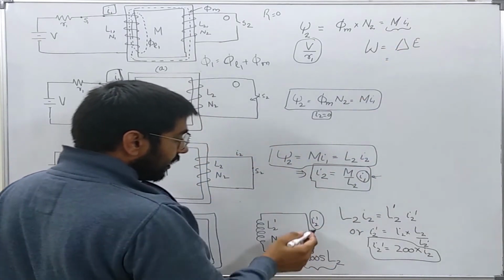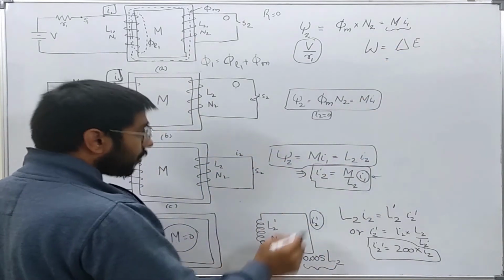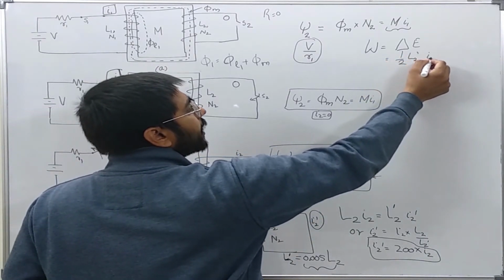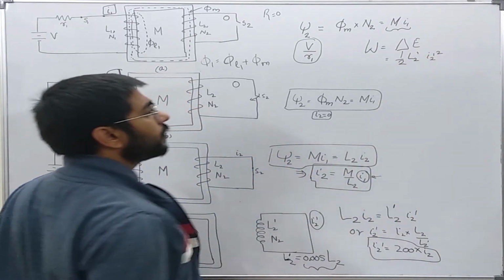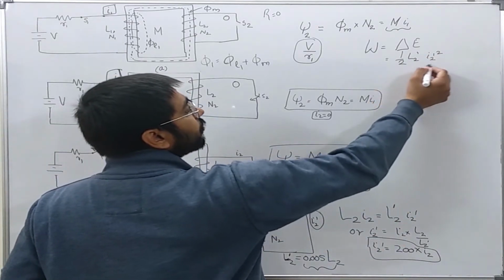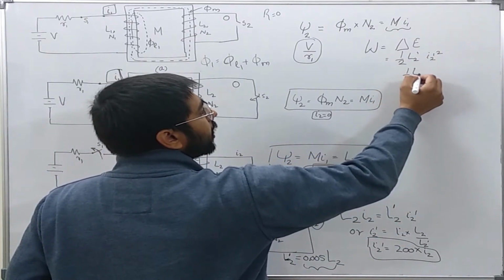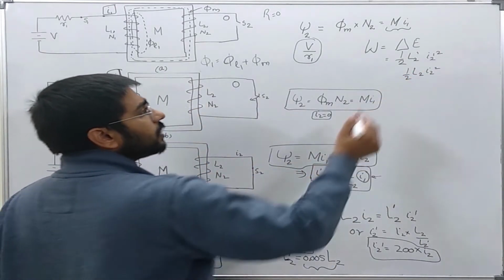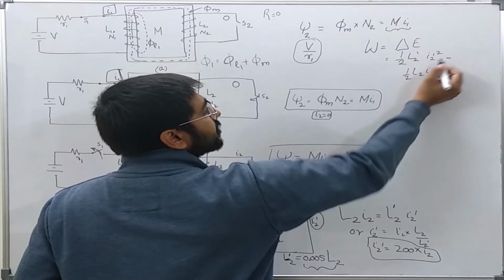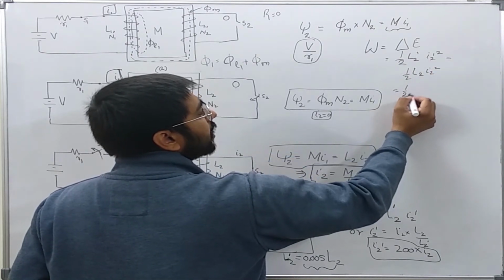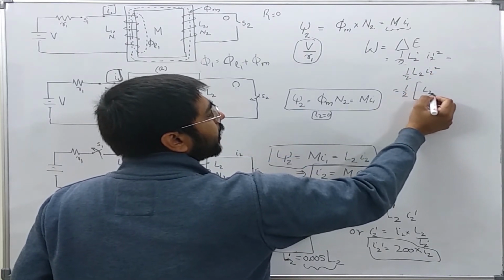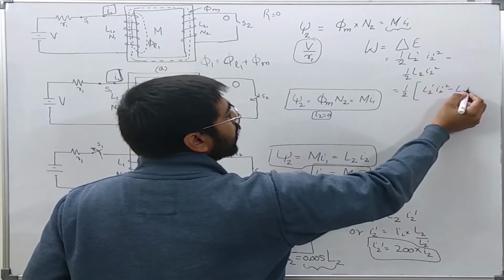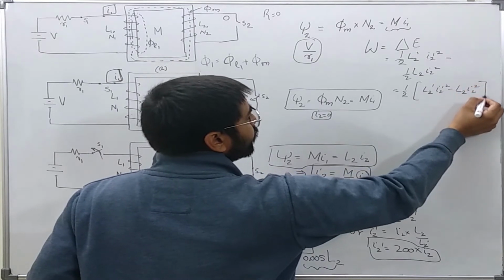Now finally the stored energy in this circuit will be here only, half L2 prime I2 prime squared. Okay, and initially it was half L2 I2 squared in this circuit only. Okay, so delta E is final minus initial, so it comes out to be half L2 dash I2 dash squared minus L2 I2 squared.